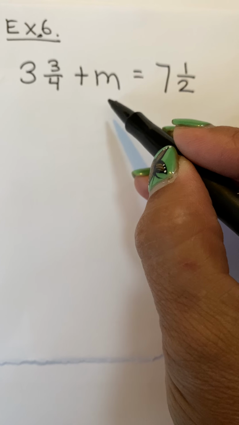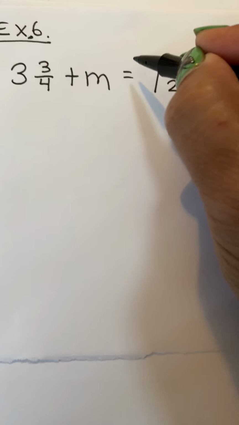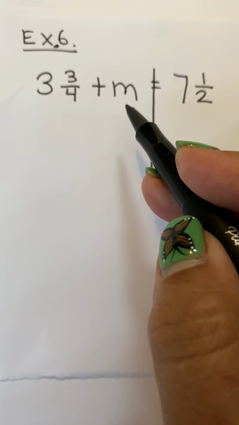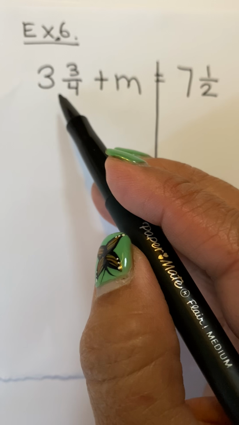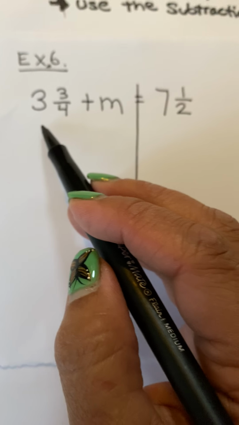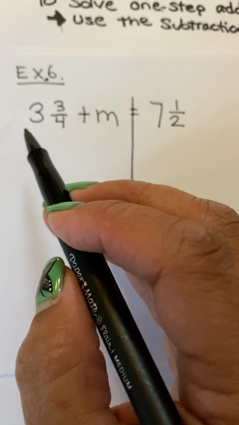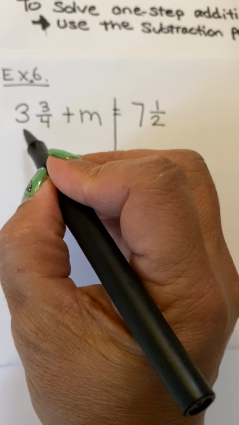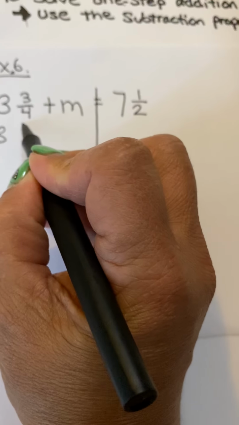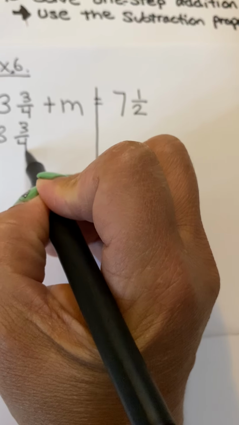We have to first isolate the variable, and in this case the variable is the letter m. And how do we get m by itself? We have to get rid of the 3 3/4, and notice it's positive, so a positive 3 3/4, we have to do minus 3 3/4. We have to do the opposite.